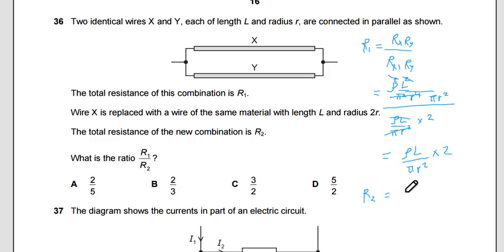R2 is the same, but in this case we have changed one of the wires' radius to 2R, but same material, same length, so we can write rho L squared over pi squared R to power 4, but remember it is R squared times 2R squared.